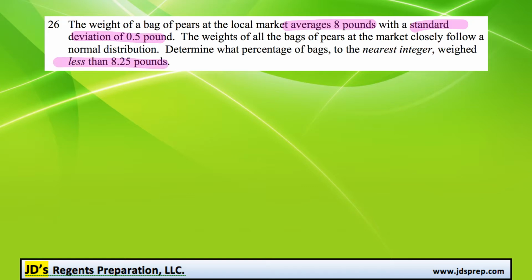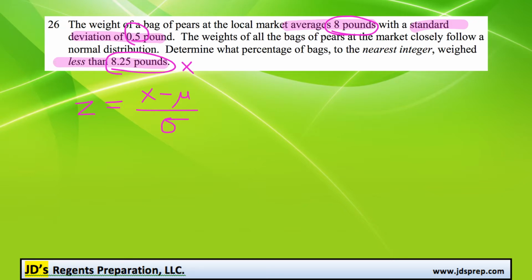We're going to be using the calculator to help us out here, but first we need to calculate the z-score of 8.25 pounds. To do that, we're going to use the formula z equals x, which is the value we're dealing with, in this case 8.25 pounds, minus mu, which represents the mean or the average, which is 8, all divided by the standard deviation, which is 0.5.